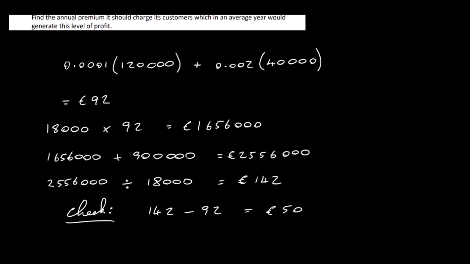So there's a 50 euros difference between what you would expect to pay out and what the customer is paying in. Now if you take the 50 euros and multiply that by the 18,000 customers or policyholders, you will get 900,000 euros profit. So that's it for this question and indeed paper 2 and the 2021 Leaving Cert.